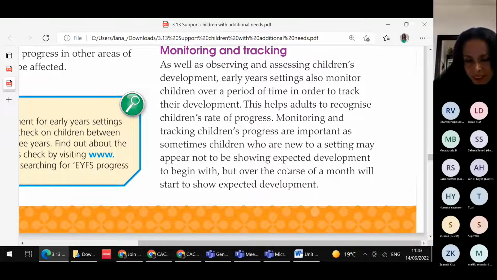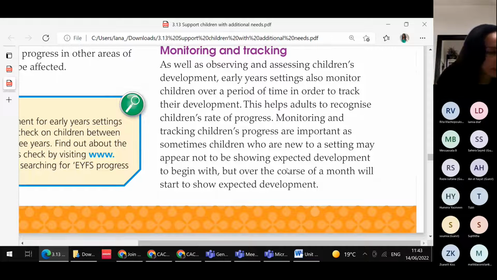We monitor the children over a period of time. So observation will happen now, at this moment. Monitoring is when we observe them for a much longer time. That's monitoring the child. We check the progress every day, and we keep tracking this development.